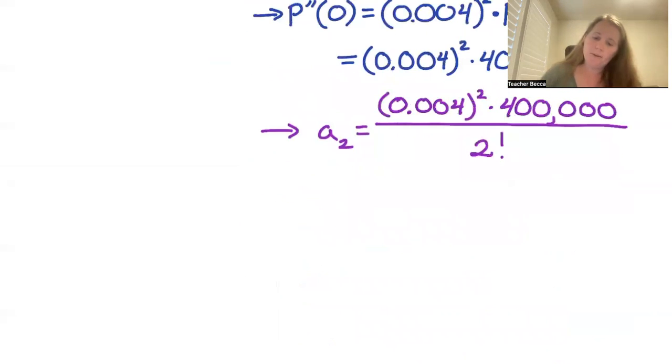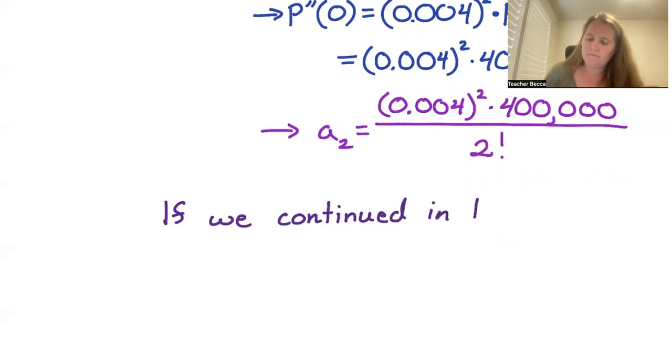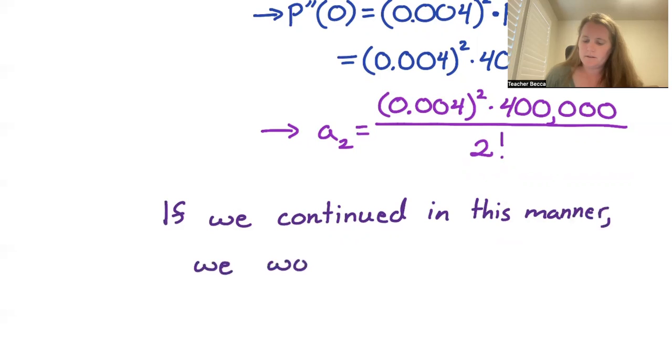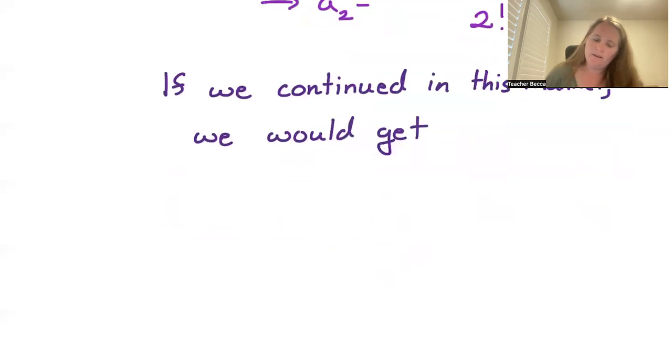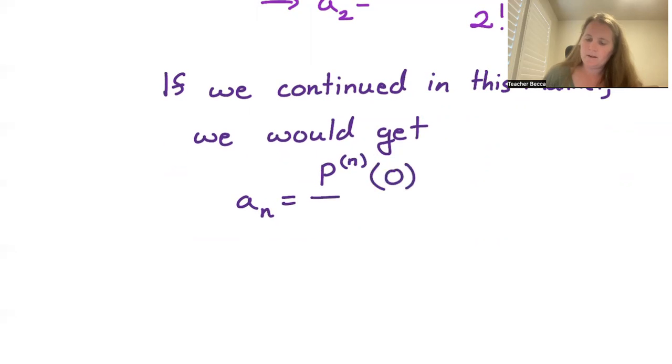If we kept this up, so if we continued in this manner, we would get that our a sub n is equal to the nth derivative of p evaluated at 0 over n factorial.